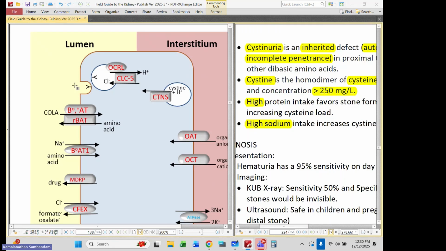Okay. Notice again that there are these two subunits that have this very wonky nomenclature, RBAT, and this other hard to say subunit of the apical transport protein. You can have mutations in either one of these subunits and present with cystinuria. Okay.